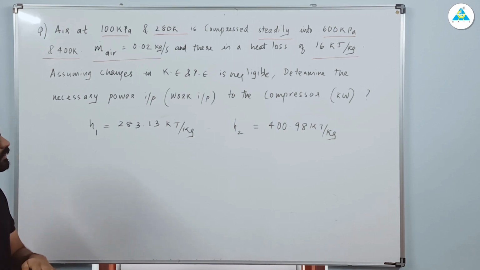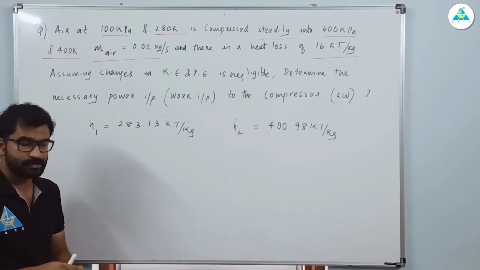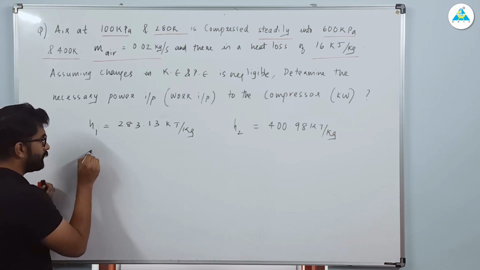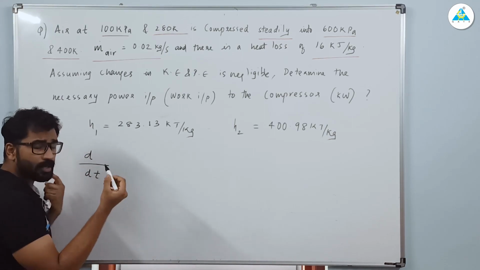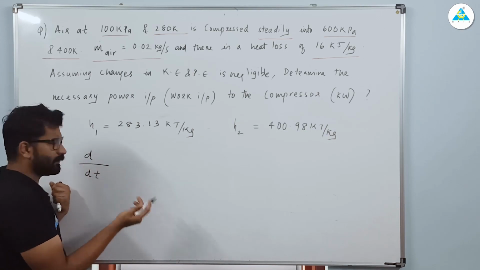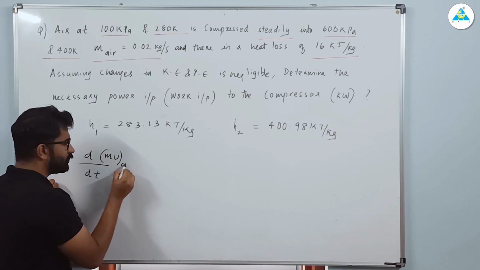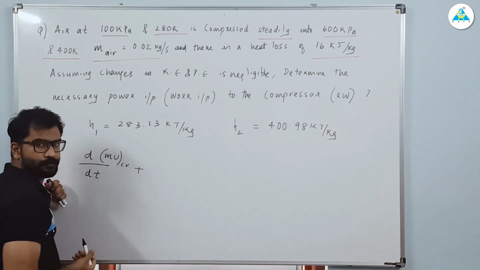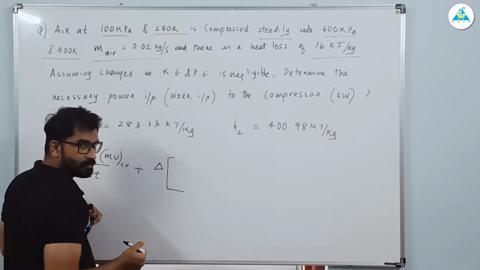Very simple. First step will be, obviously we need to write the balance for our open system. How to write the balance? d by dt. So always try to write this equation by yourself, otherwise आप लोगों को याद नहीं होगा, right? So you have to write it. d by dt of mass into internal energy of the control volume plus, ठीक है? What is the meaning of del? Del is your outlet minus inlet, right?